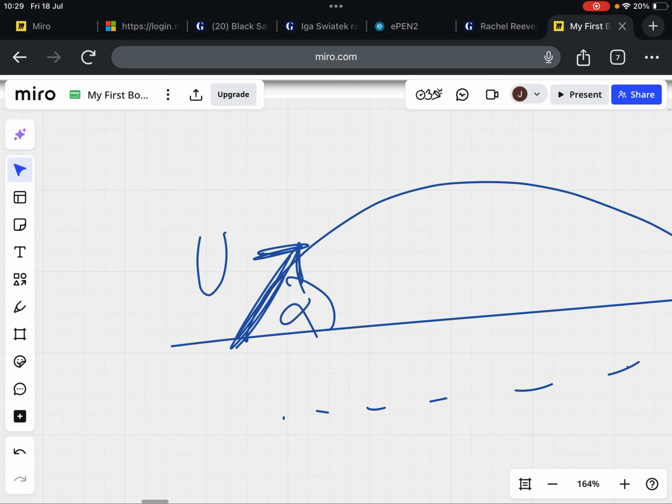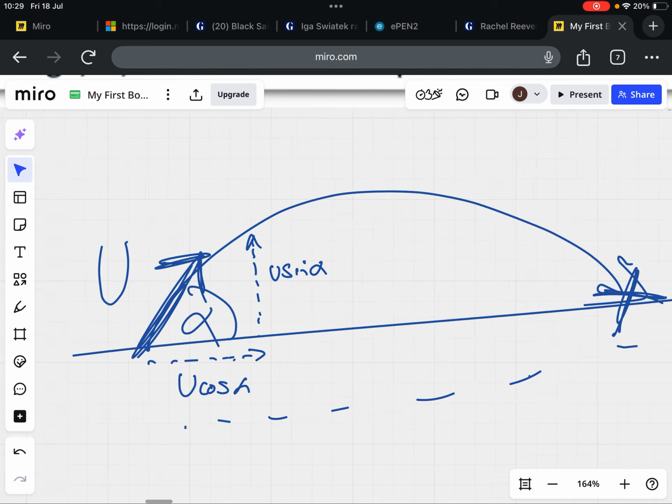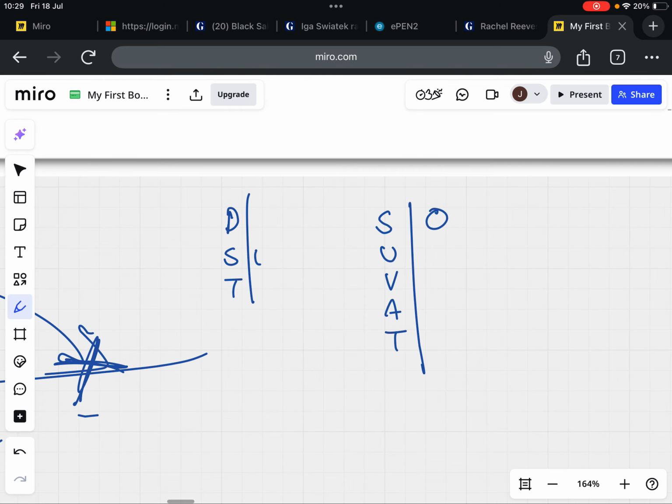For the launch, remember we've done it a few times now, we talked about breaking this up into a vertical and a horizontal. So this is u cos alpha, this is u sine alpha. I could write minus 9.8, but we're going to write it in terms of g this time. So I'm going to write minus g.